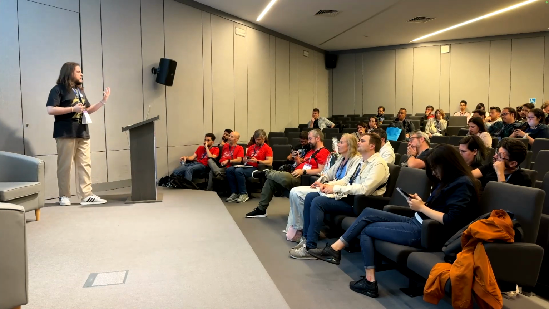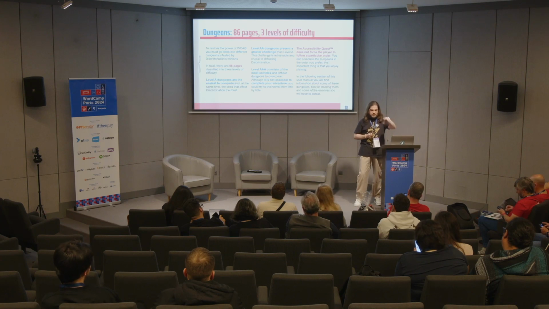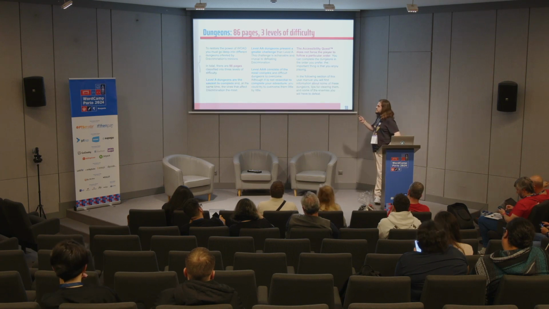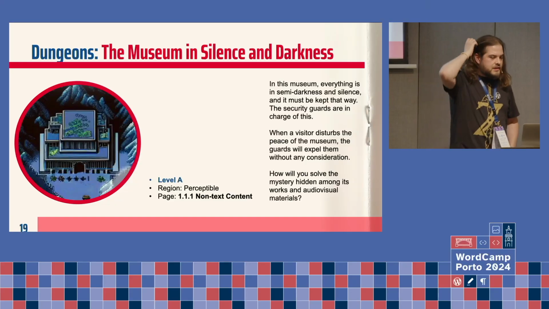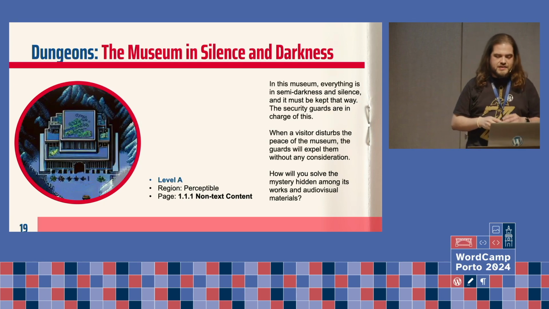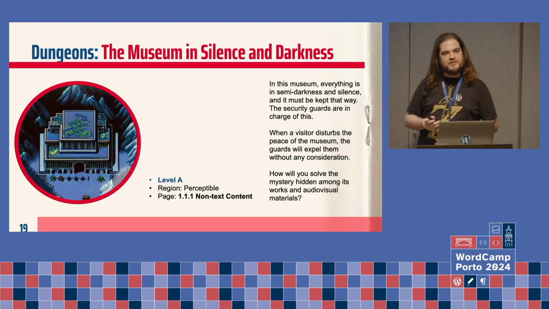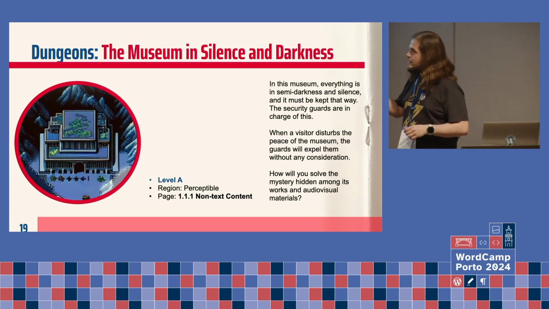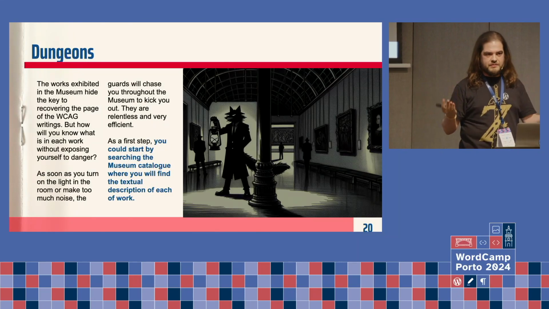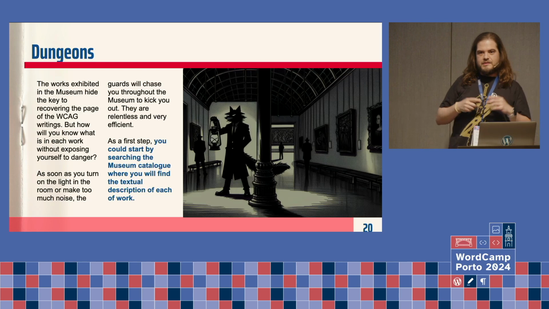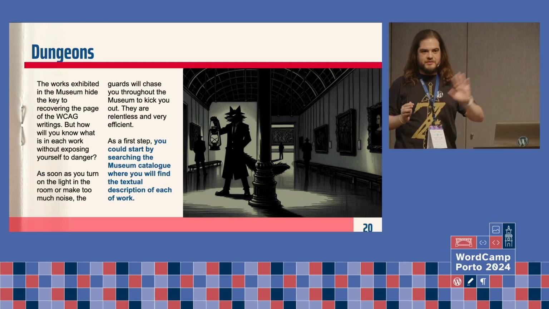Now we are going to see some hints about a selection of particular dungeons. First of all, we have the Museum in Silence and Darkness. In this museum, everything is in semi-darkness and silence, and it must be kept that way. The security guards are in charge of this. Well, you have to solve a puzzle, and the information to solve that puzzle is hidden among the paintings on the walls.